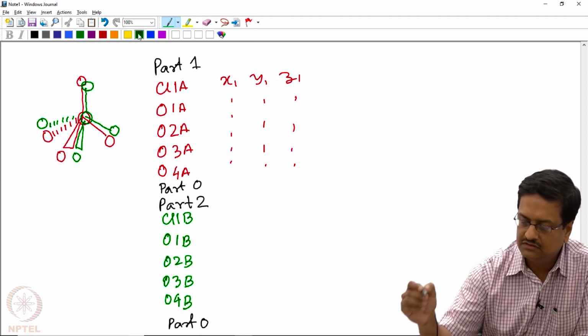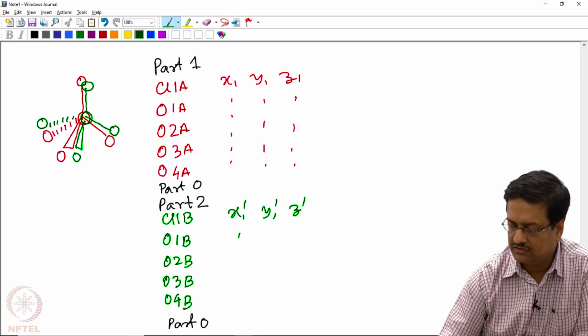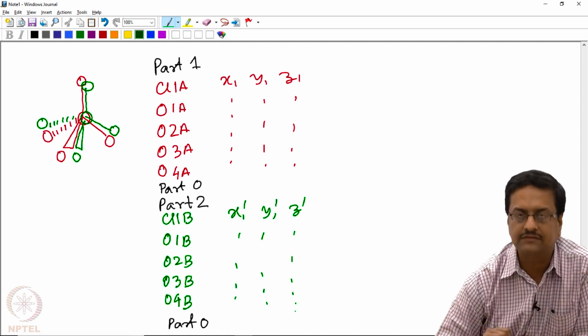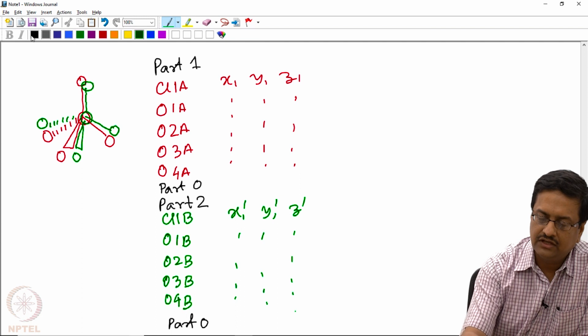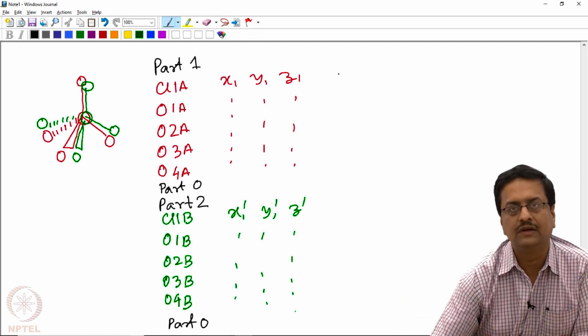Similarly for this you should have x1 prime, y1 prime, z1 prime and all of them will have their corresponding xyz coordinates after splitting, and then you will have a term for occupancy.